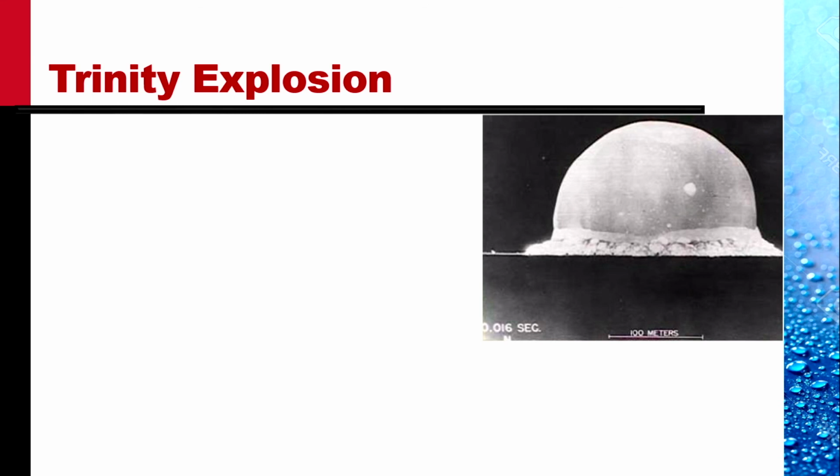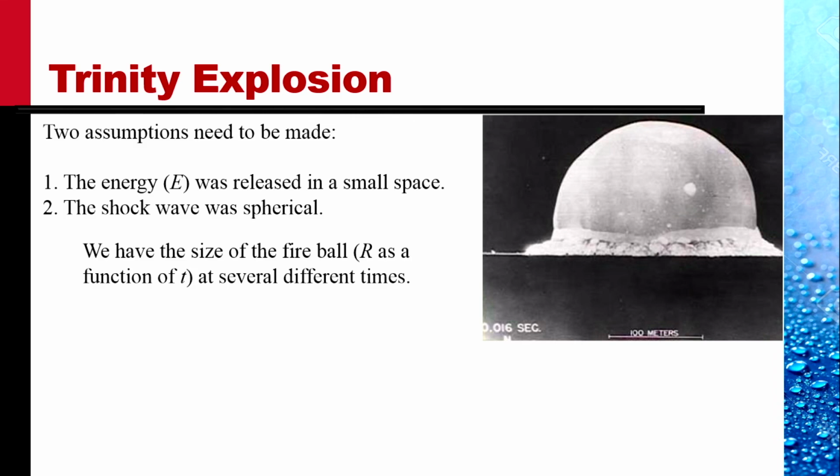Let's give one more example, the example of the Trinity explosion. Trinity was the first test of a nuclear device conducted by the USA. Slightly after the bomb in Hiroshima, the US authorities released a sequence of still shots which contained both the time stamp as well as the scale.